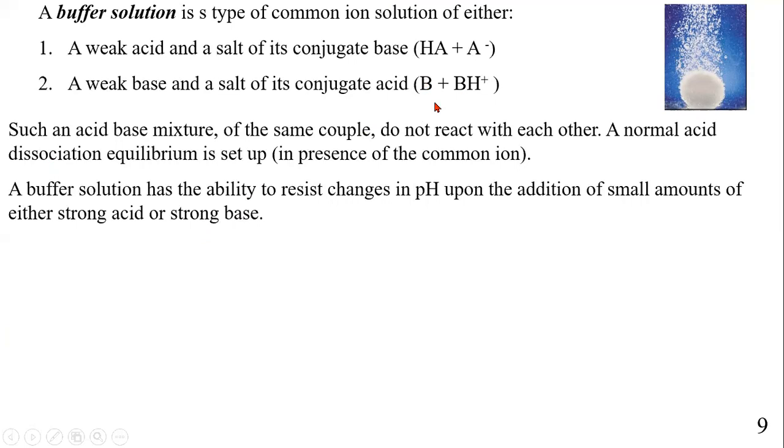And the reason they have to be weak is we need this equilibrium going on. Not only that, the acid and its conjugate, or the base and its conjugate, should have very close range in concentration.